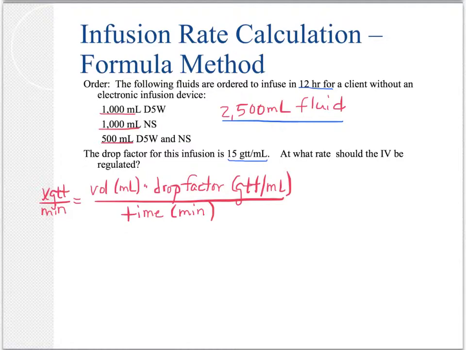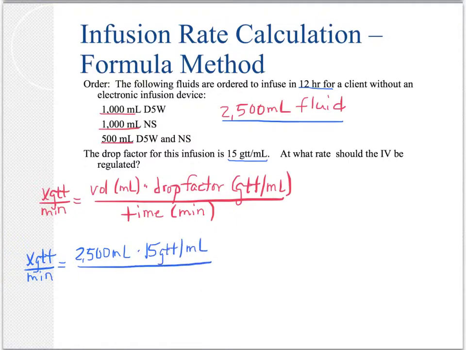So, to solve, we will simply write X drops per minute is equal to the volume of 2,500 milliliters times our drop factor of 15 drops per milliliter divided by our time. Now in this example, our time is given in hours and we need our time in minutes.